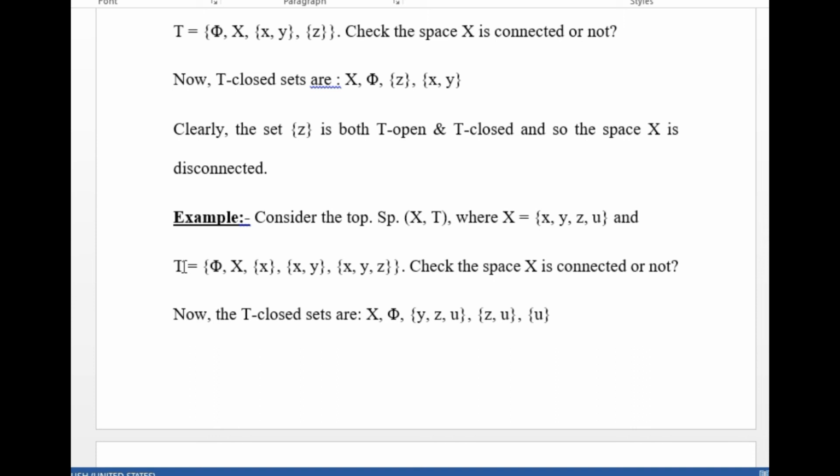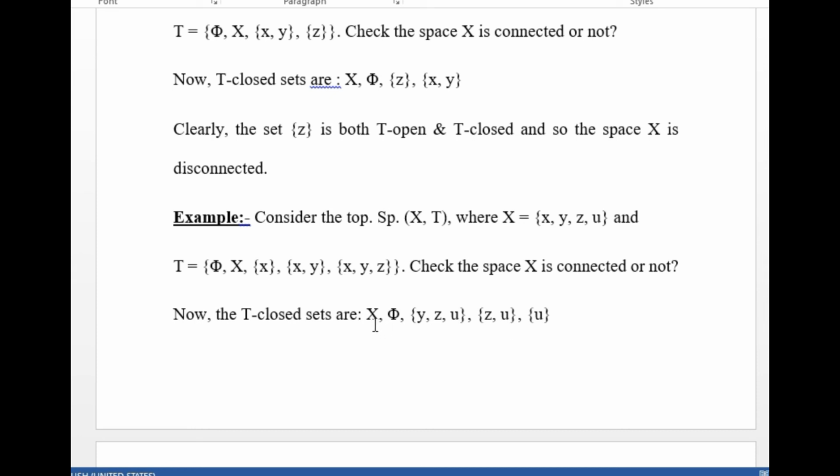So we are trying to find the closed sets or T closed sets of this topological space. So the complement of phi is X, the complement of X is phi, the complement of {x} is {y, z, u}, the complement of {x, y} is {z, u} and the complement of {x, y, z} is {u}.